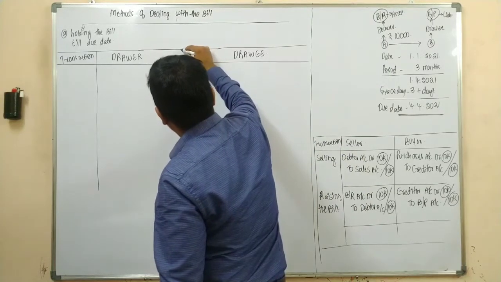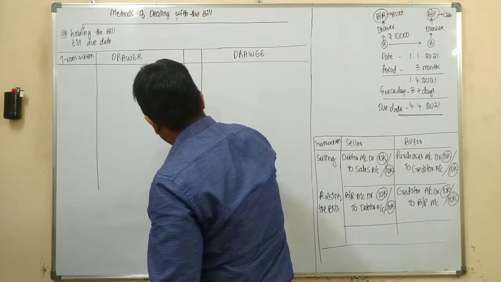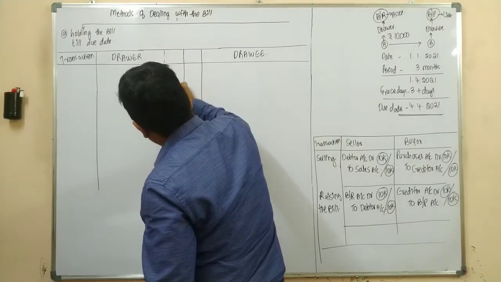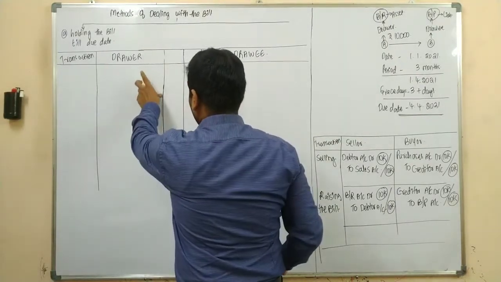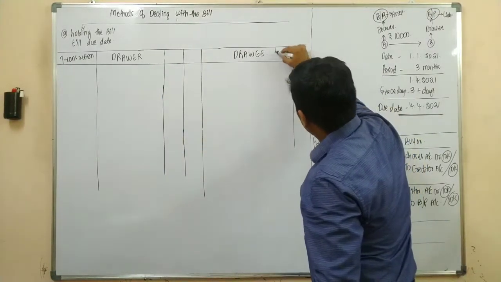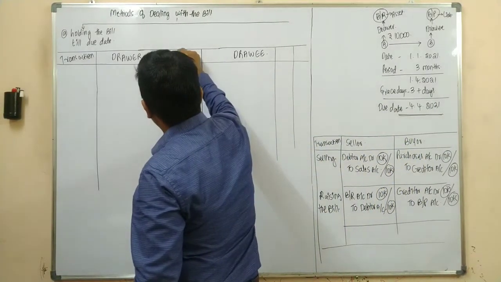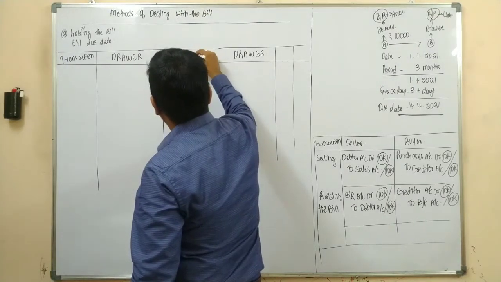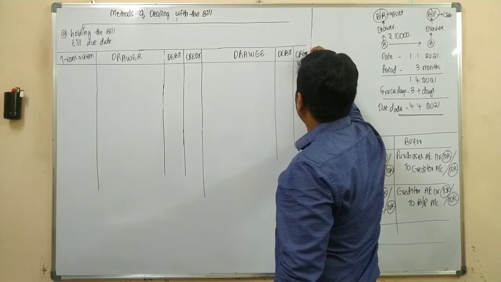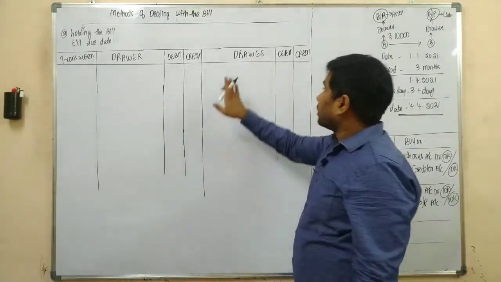Let us continue. This is nothing but your debit rupees and credit rupees. Your debit rupees, credit rupees. In the books of drawer, in the books of Drawee.